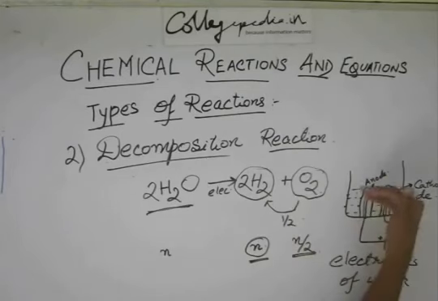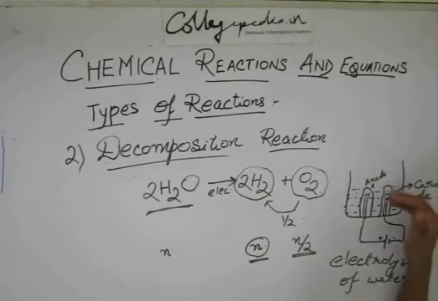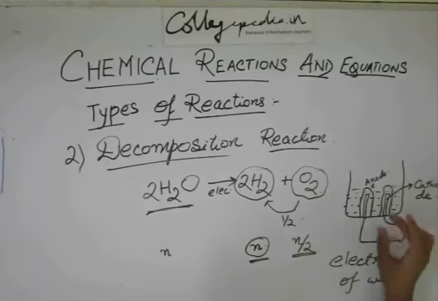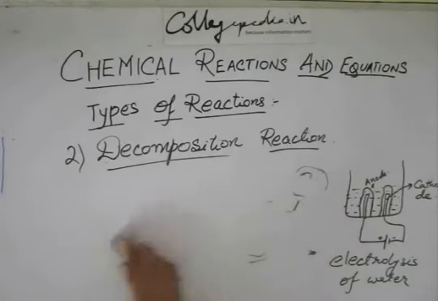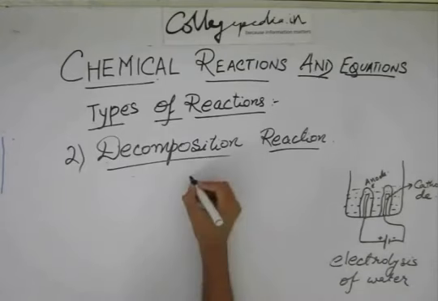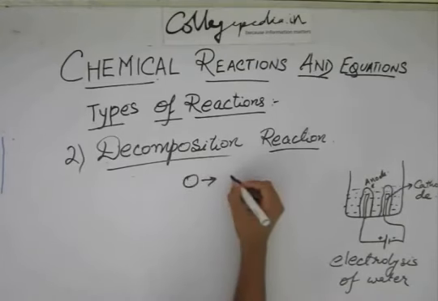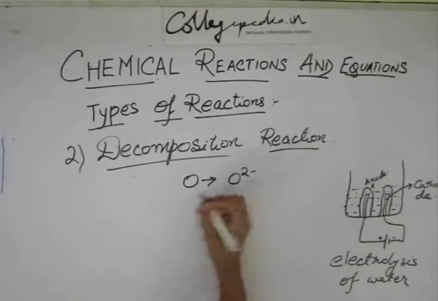So the gas which is collected on top of these electrodes, the hydrogen gas will be double the oxygen gas, because there is more hydrogen formed and less oxygen formed. So the volume of hydrogen gas will be double the volume of oxygen gas. And oh yes, which will collect on which electrode? You see, oxygen will form the anion, which is O2 minus.